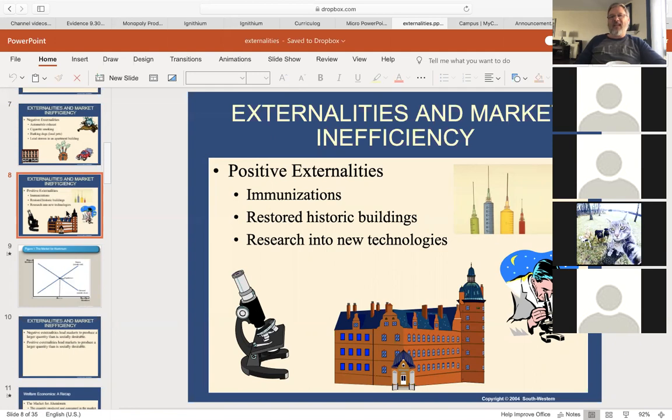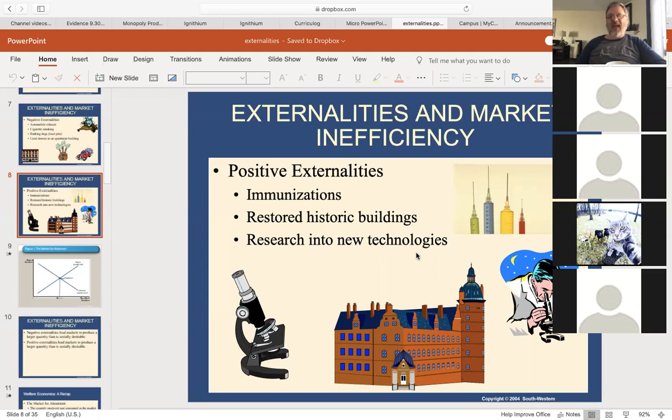And in that case, instead of the government wanting to go in and reduce the activity in that area, they actually want to promote it. And really, the headliner is the third bullet point, which is research into new technologies. It turns out that when new technologies are developed, there are a lot of what you might call spin-off products.